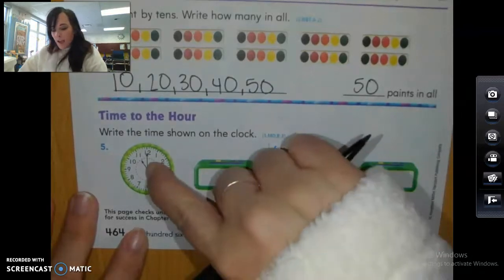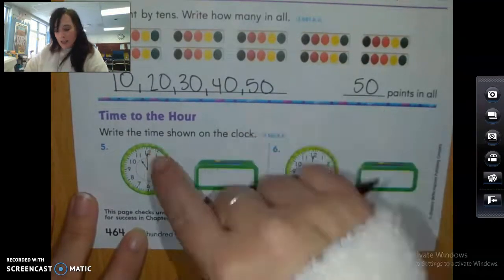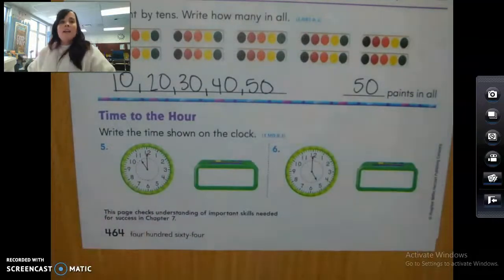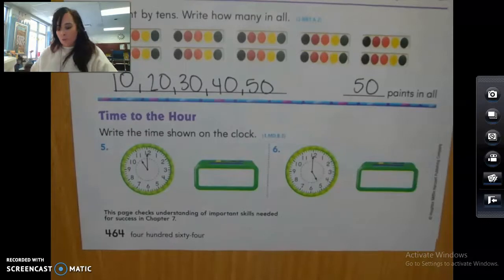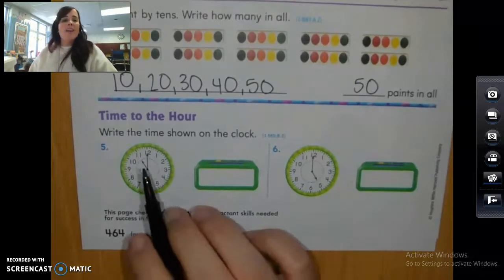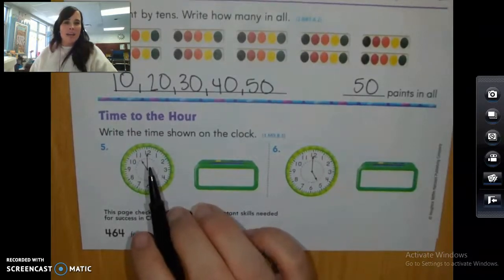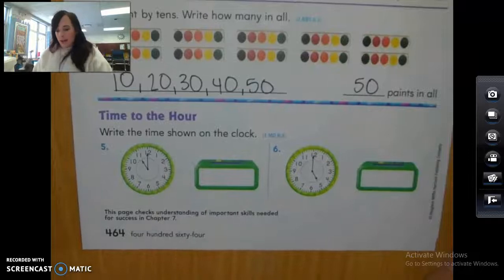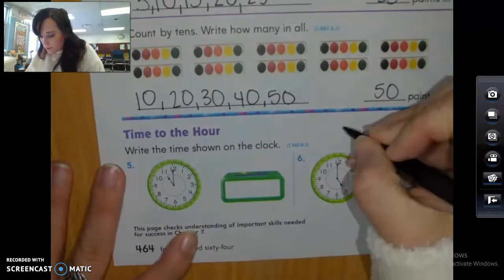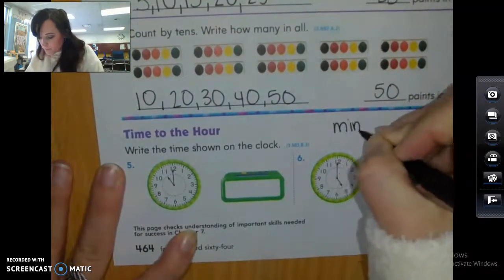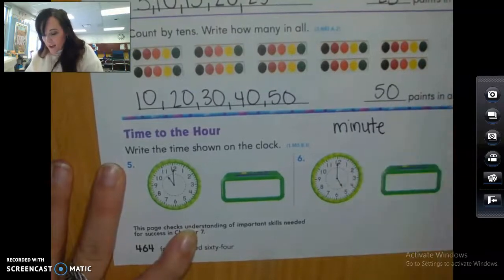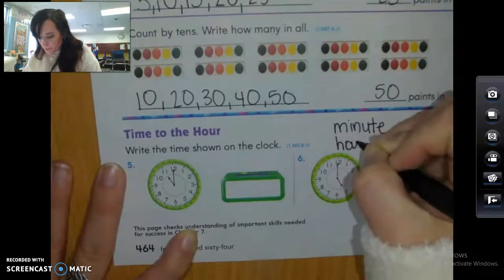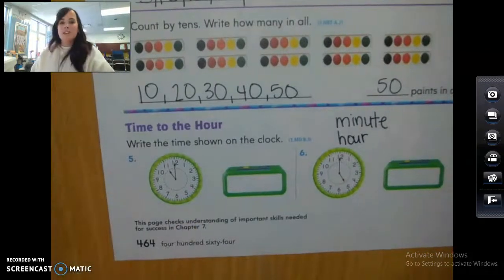So every clock has a long hand and a short hand. Now, what kind of trips kids up, and some adults too, is we think that that long hand is going to be the hour hand, but it's not. The long hand is the minute hand. And how we can remember that is if I write the word minute over here, and then I write the word hour, which word is longer?